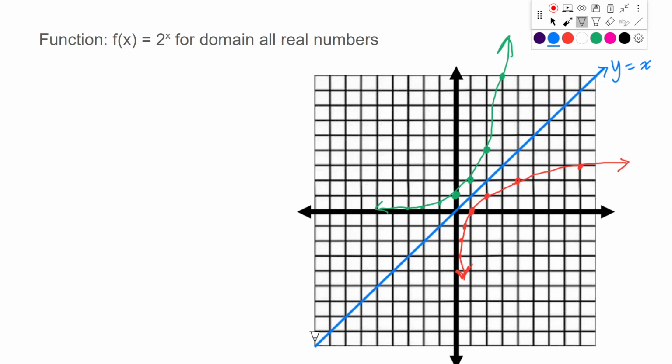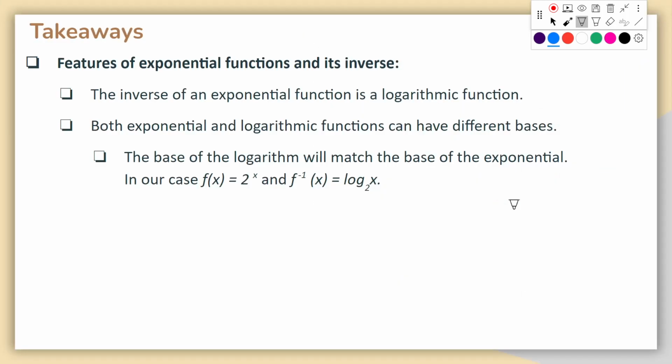So all of our inverses, when we graph them, will reflect across the line y equals x. And we can say that any exponential function is going to be invertible, so you don't have to restrict the domain on any exponential function.